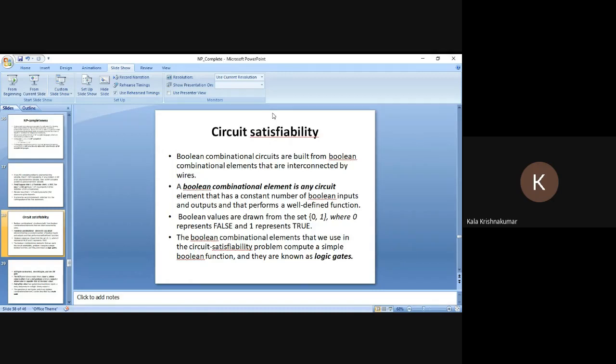That is, the circuit satisfiability problem will be reduced to other problems, and like that we can prove NP completeness of any problem.